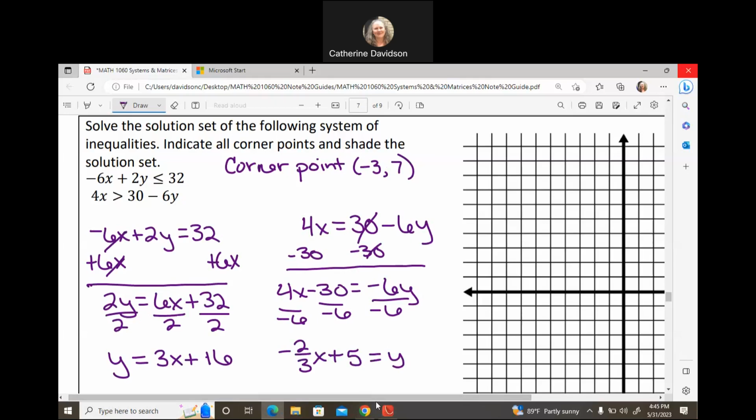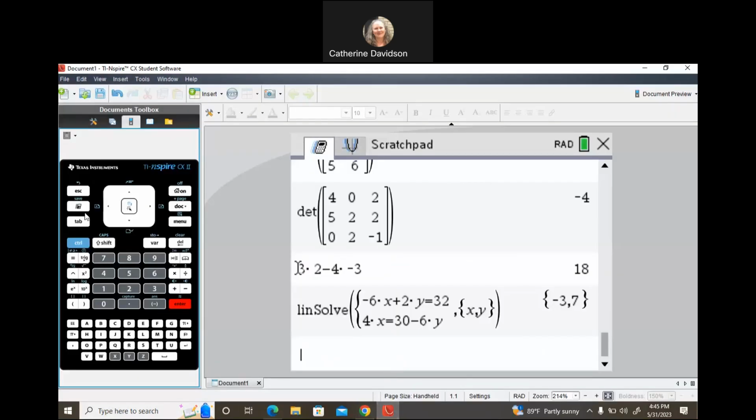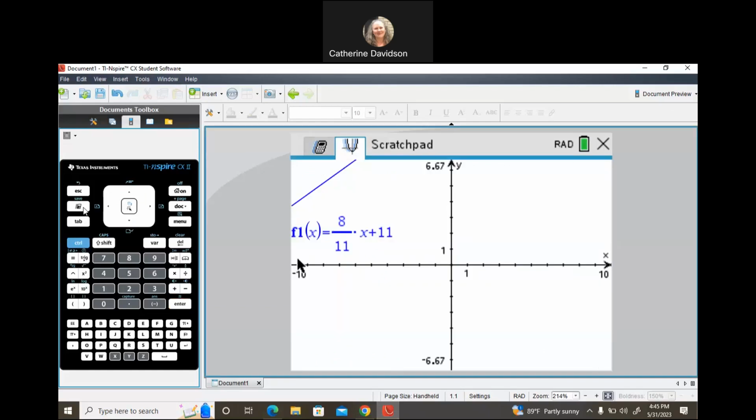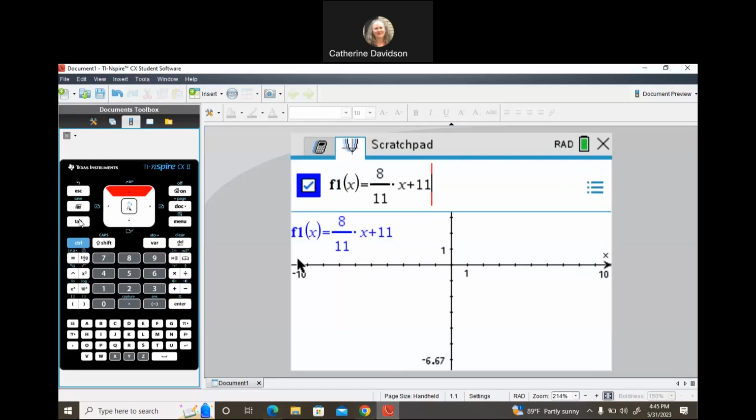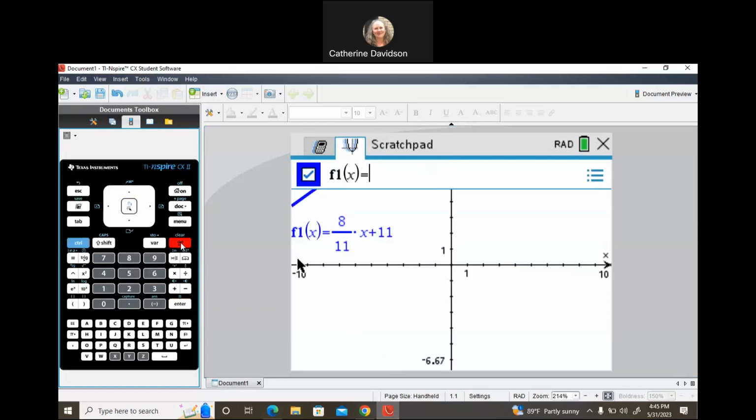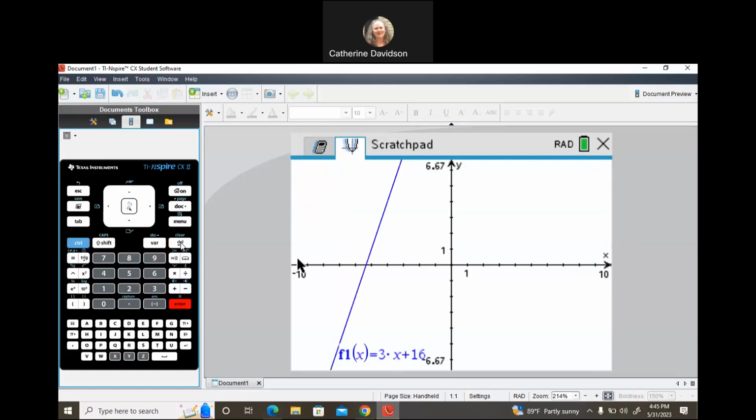From there, I'm going to need to find 2 points to graph each one of these lines. So I'm going to click my little calculator icon, get back to the graphing area. I'm going to hit tab and arrow up to F1. Hit Control Delete, put in the first equation I got, and hit enter. From this, I just need 2 points.